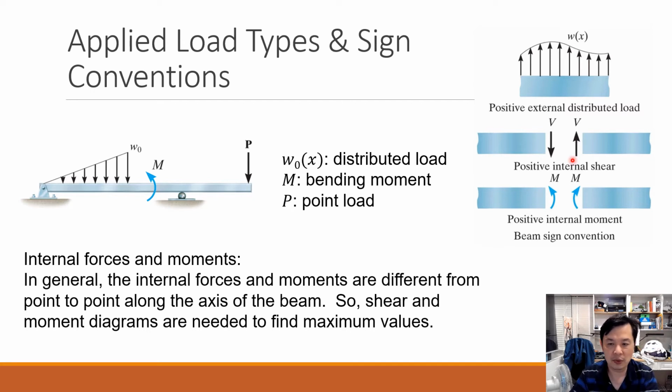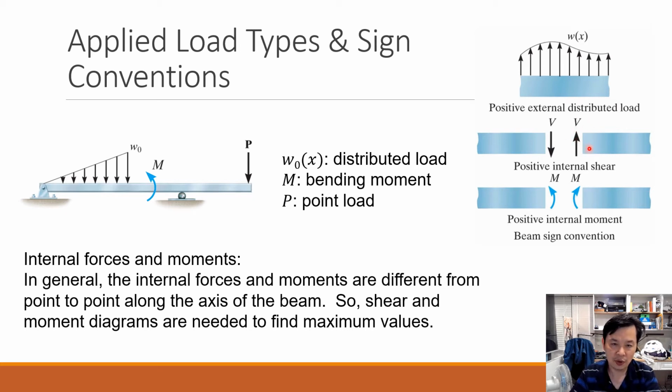For internal shear force, it depends on the side or the direction of your cross-section. For this one, this is the so-called right cross-section. You have downward direction as your positive direction. For the other side, the left cross-section or left-hand side cross-section, the upward direction is the positive one.